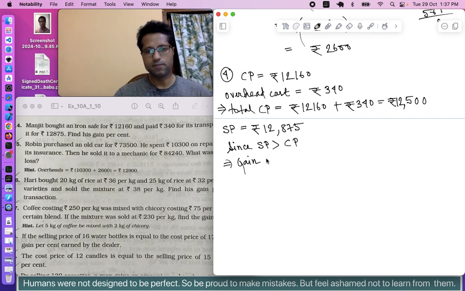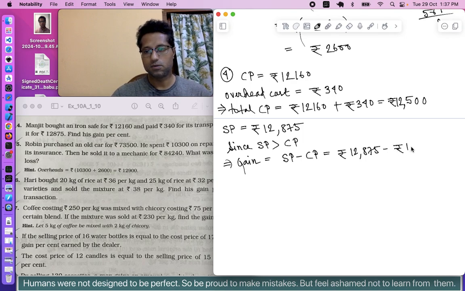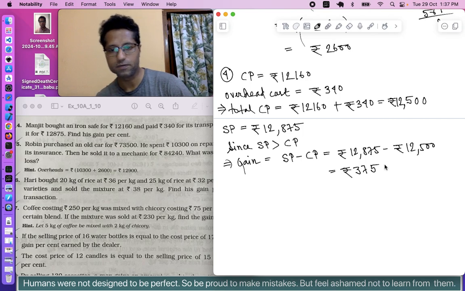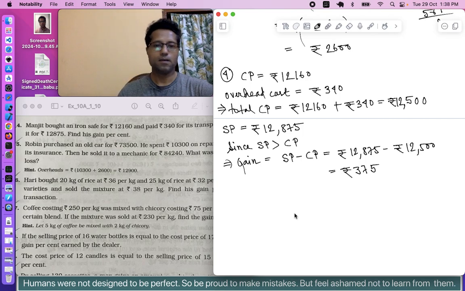What is the gain? Gain will be selling price minus cost price, which is rupees 12,875 minus rupees 12,500. This is equal to rupees 375. Rupees 375 is the gain, and we have to find the gain percent.